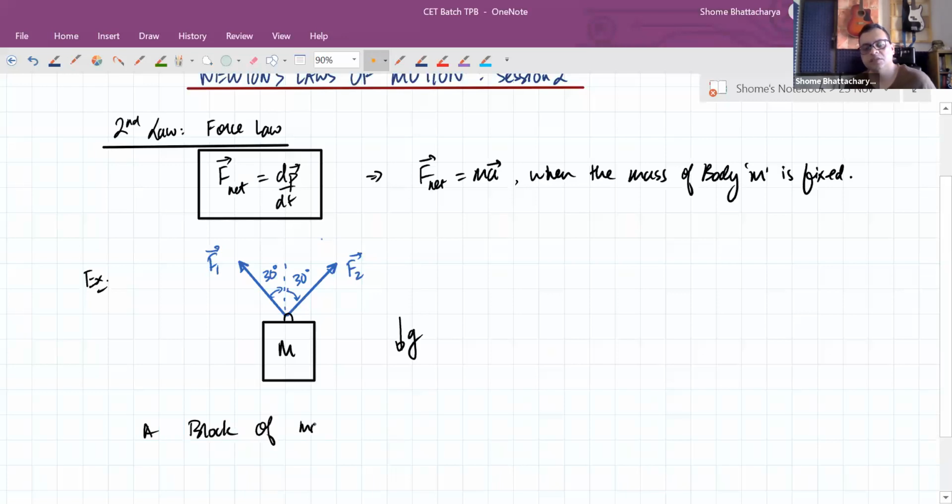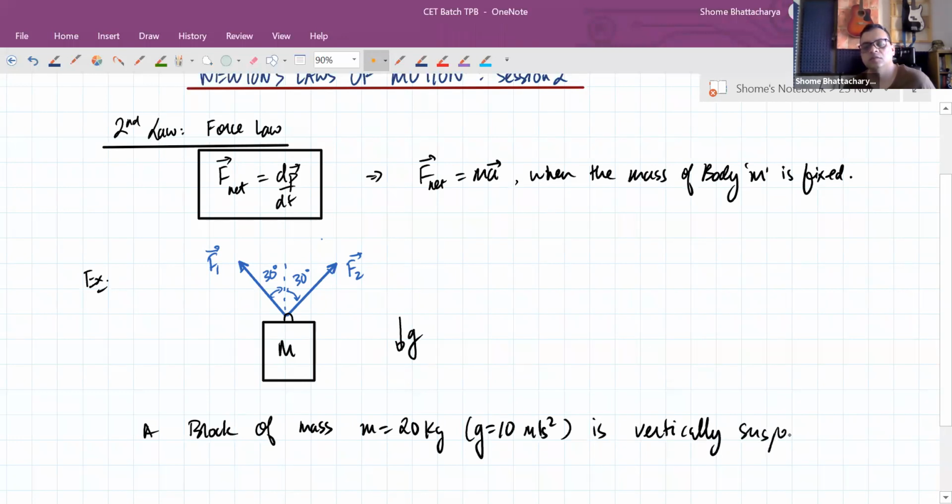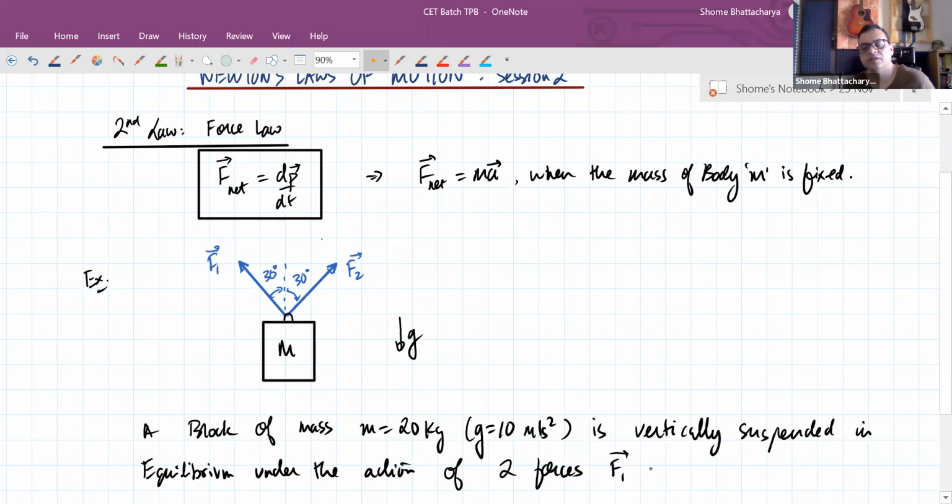So a block of mass, say 20 kilograms, take the value of g as 10 meters per second square, is vertically suspended in equilibrium under the action of two forces, F1 and F2, that balance its weight.